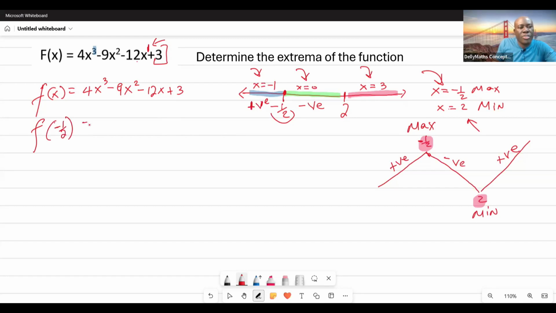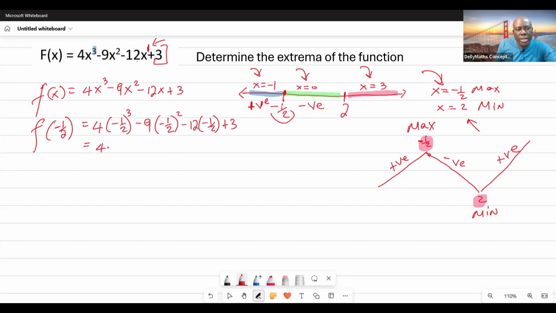So it's going to be 4 times negative a half raised to the third, minus 9 times negative a half squared, minus 12 times negative a half, plus 3. So as you can see, we're just substituting there.